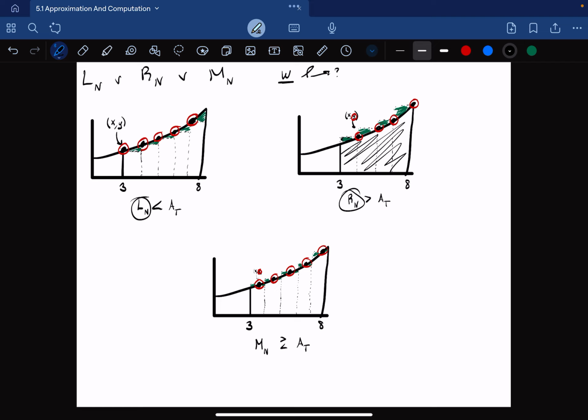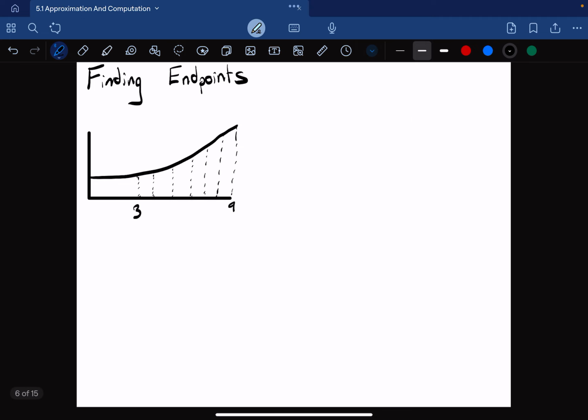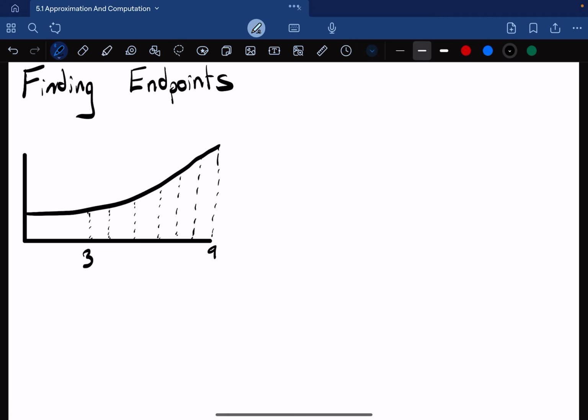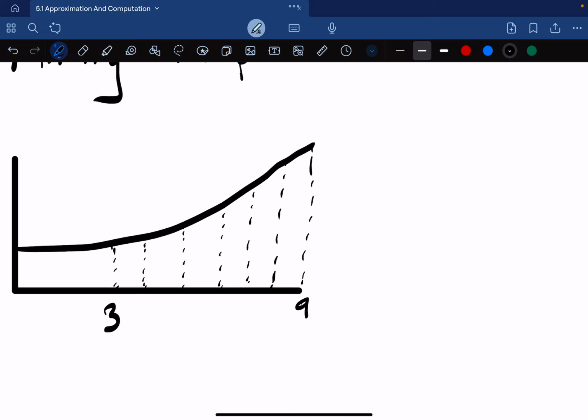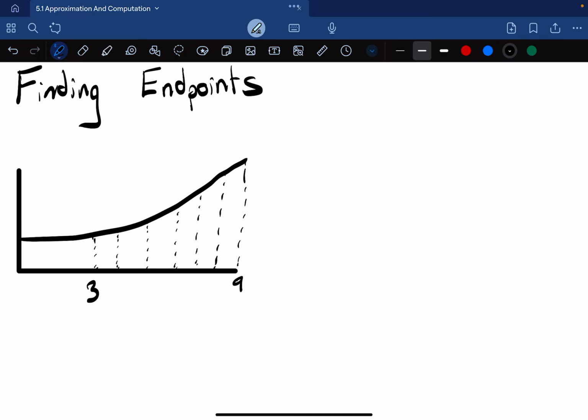Now, I went on talking about what all of these are and what the height of each of these rectangles is, but I didn't talk about how to find the height of each of these rectangles. Well, what we do is we first find something called endpoints. So you guys remember how each of these subintervals have a start and end point?